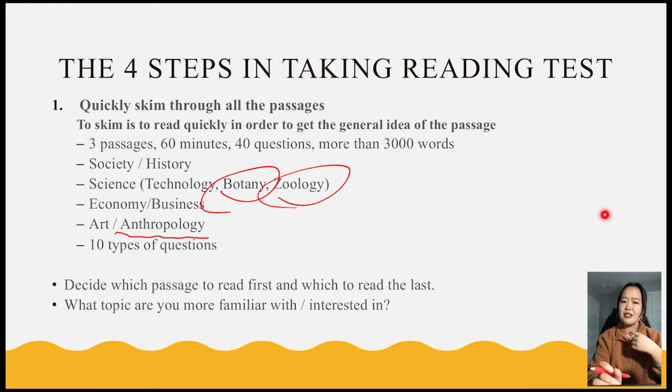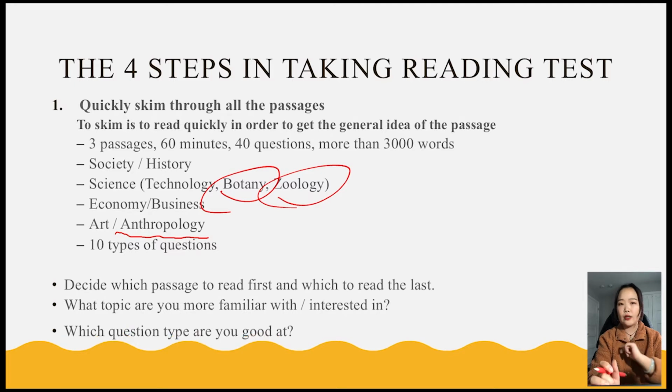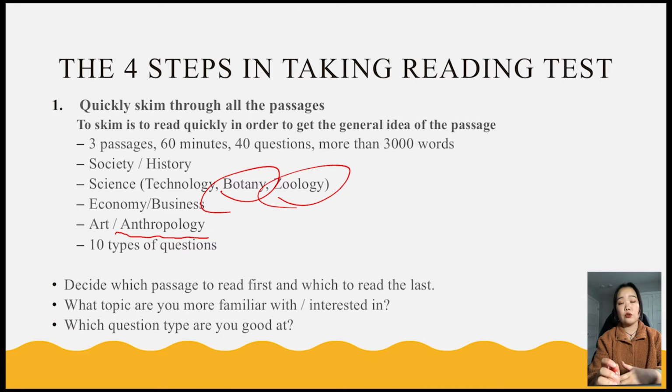And also, besides the topic, there's another thing we should pay attention to, which is the question types. As I've mentioned, for different students, you may be good at different question types. Maybe I'm terrible at matching headings, but you may be really good at matching headings.